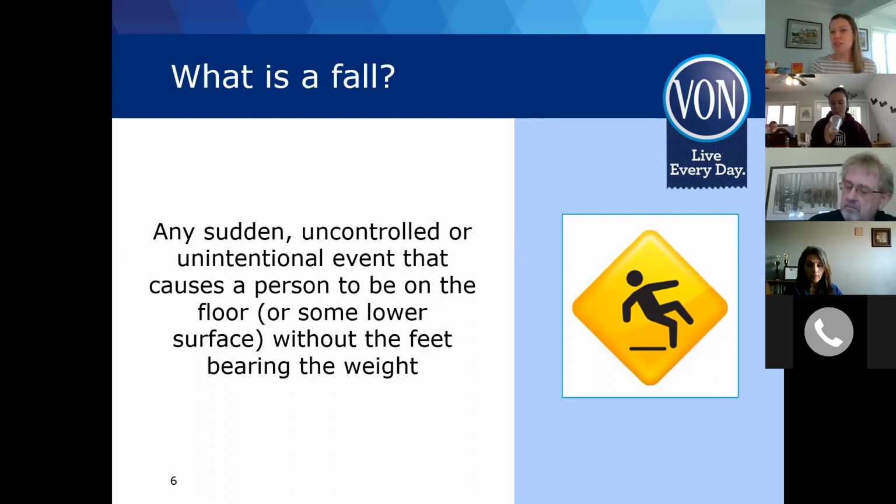But the important thing to remember with a fall is that part there about without the feet bearing the weight. So you can have a slip or a trip, or you can lose your balance, but that doesn't mean it's a fall, right? It's more so when you've lost control and you end up on some sort of lower surface where your feet have gone underneath you.